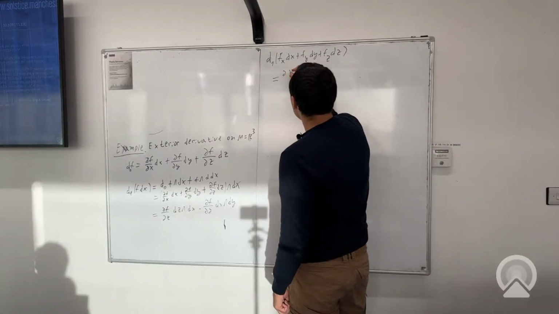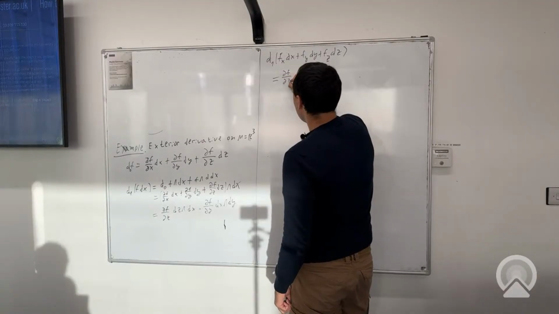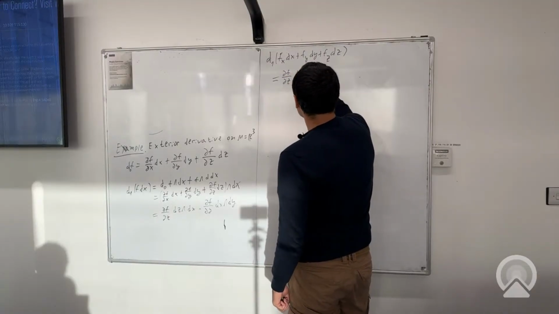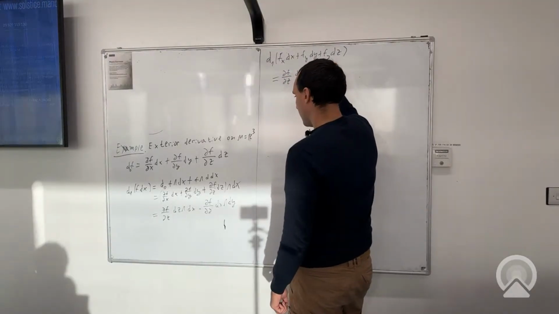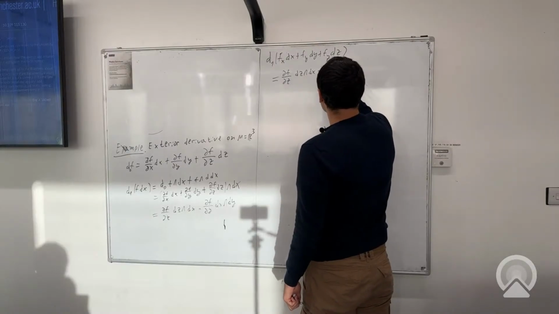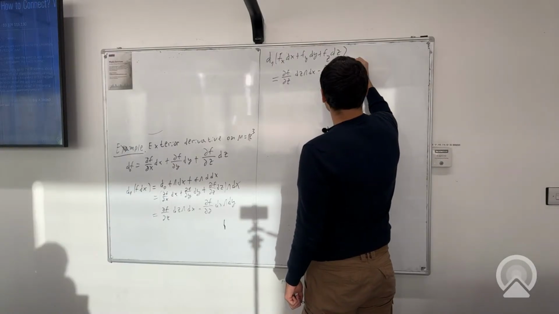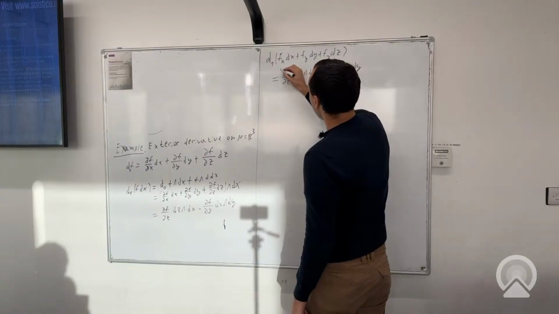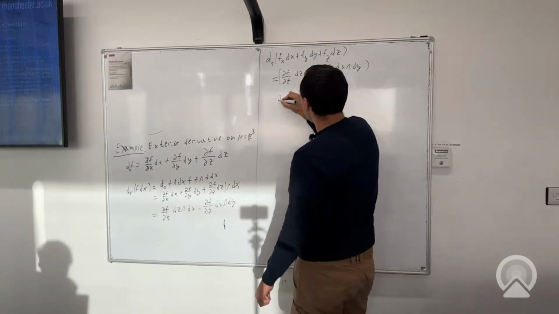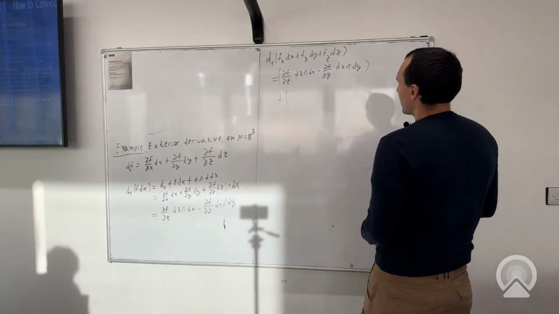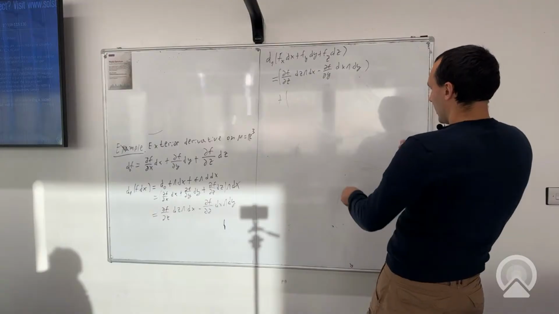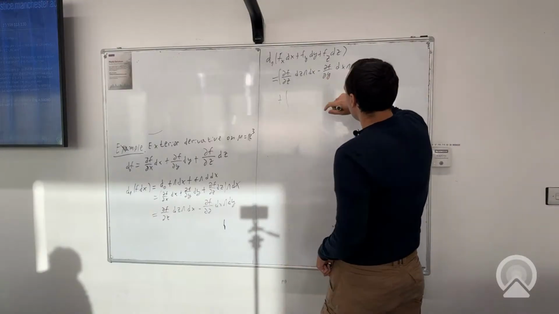So this is partial f partial z dz wedge dx minus partial f partial y dx wedge dy. And a similar computation can be done for the other things.